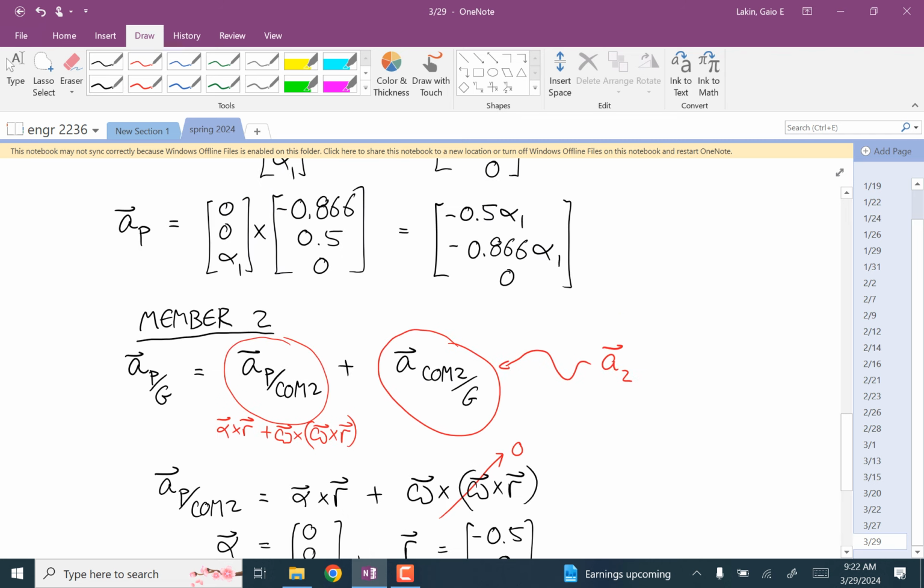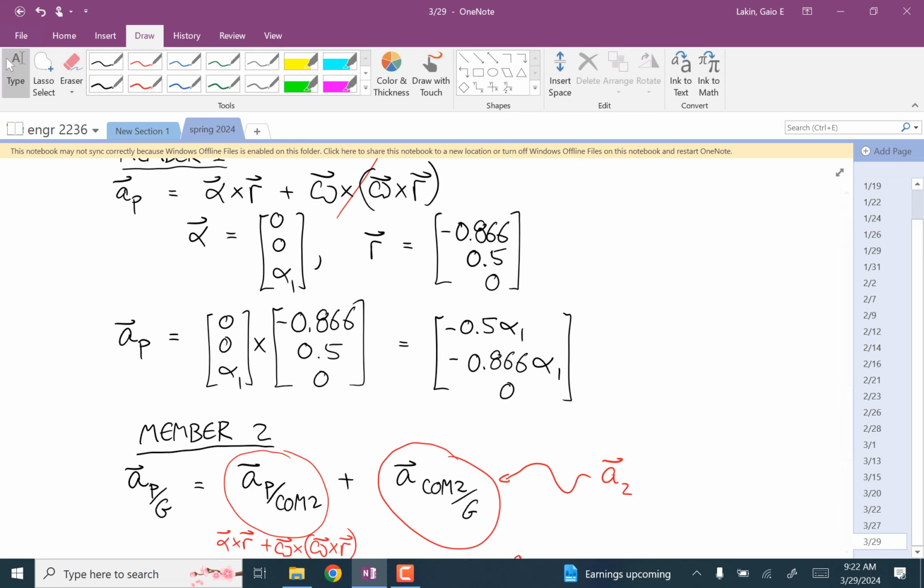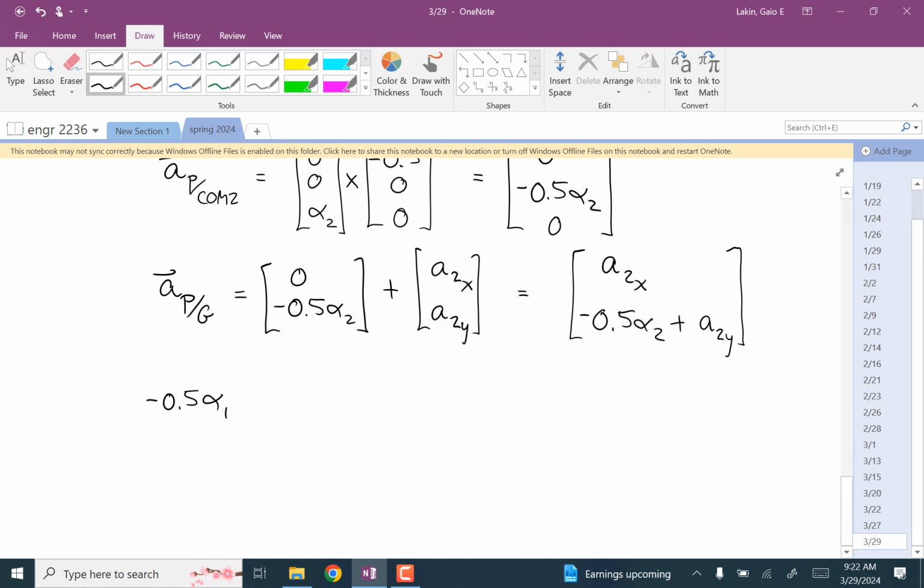And so finally, the constraint equation says negative 0.5 alpha 1, negative 0.866 alpha 1 is equal to a2x, negative 0.5 alpha 2 plus a2y.